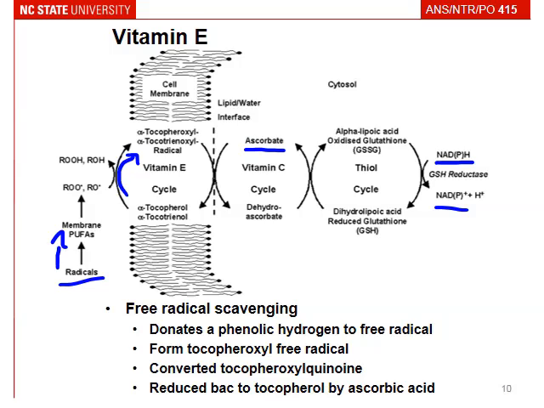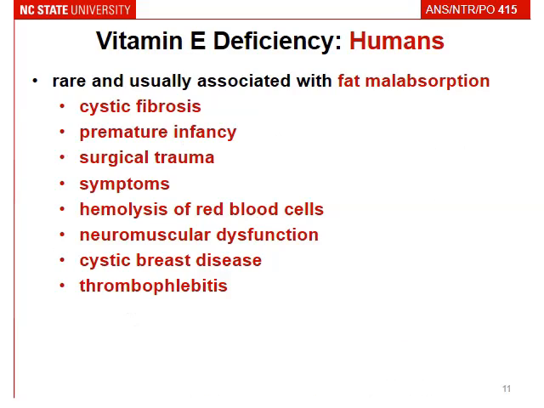The biggest thing that I want you to take out of this is that our vitamin E can be recycled, and it is passing on that free radical onto vitamin C, and we end up consuming an NADPH at the end to quench and prevent any further peroxidation.